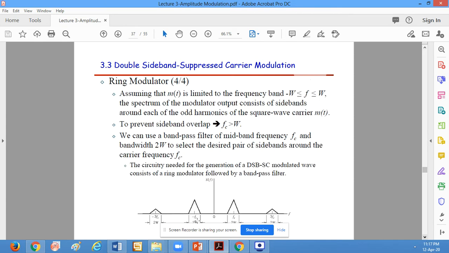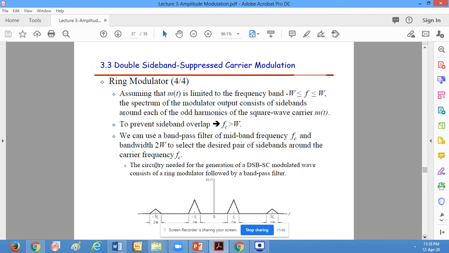Initially it is at minus fc and plus fc. Then we have 3fc and minus 3fc, then 5fc and minus 5fc. The bandwidth is always twice the bandwidth of the message signal, and the amplitude goes on decreasing. We require only this much part of the signal to be transmitted.